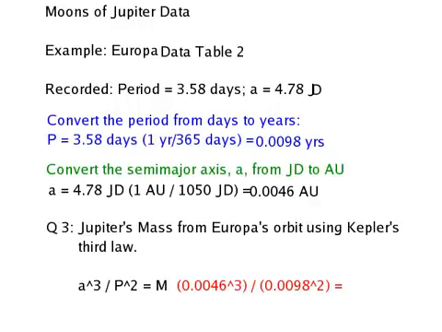All right, 0.0046 cubed equals 0.00000097.